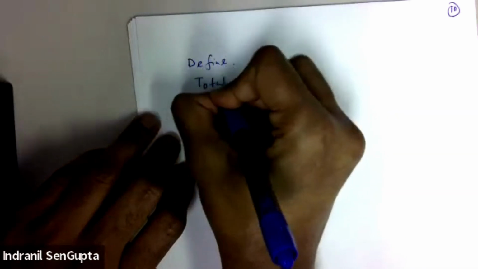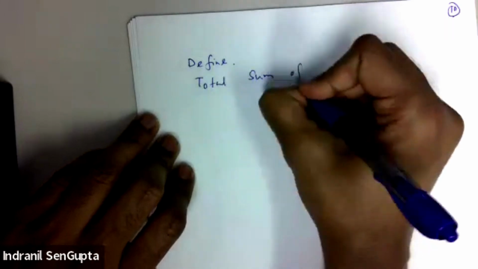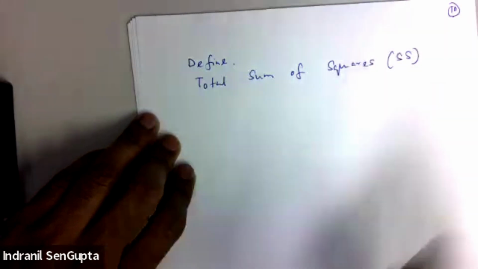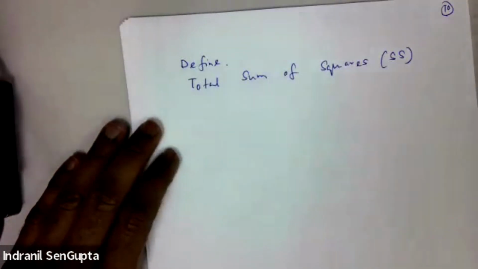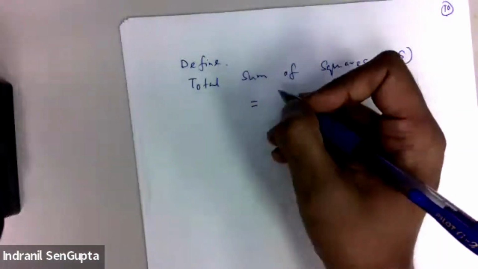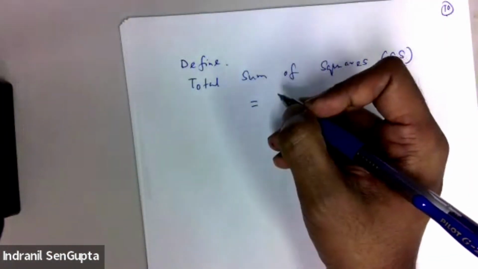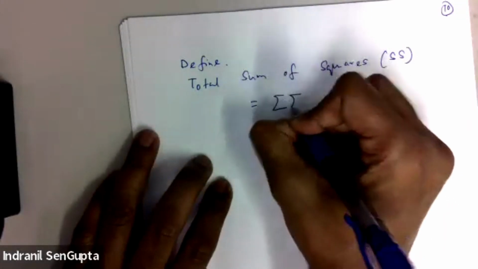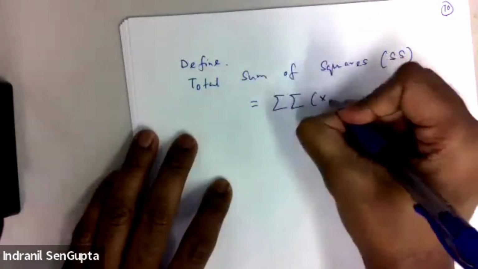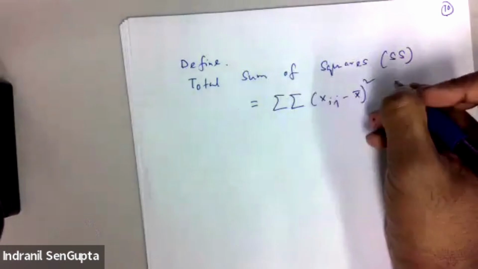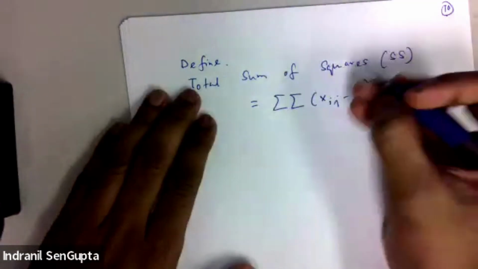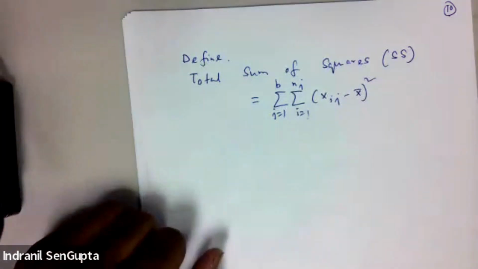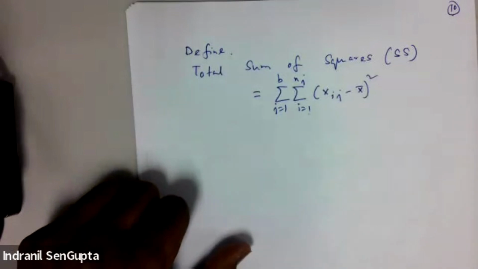The total sum of squares, which is given by SS, and this is given by what we have: summation xij minus x bar squared, i from 1 to n sub j, j from 1 to b. That's the total sum of squares. We'll denote it by SS, or total SS.